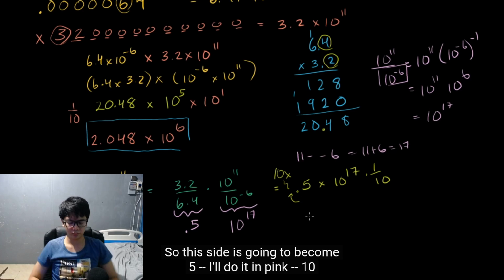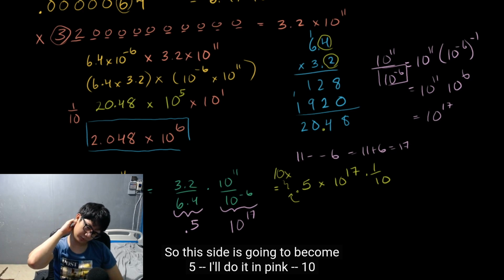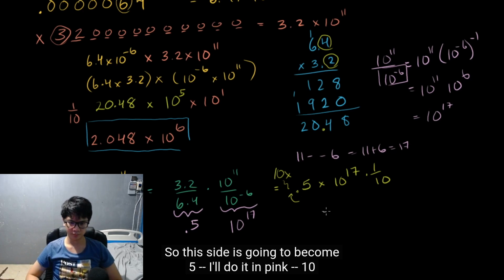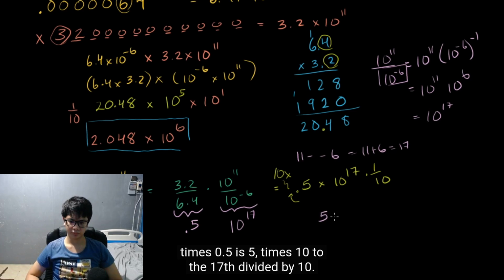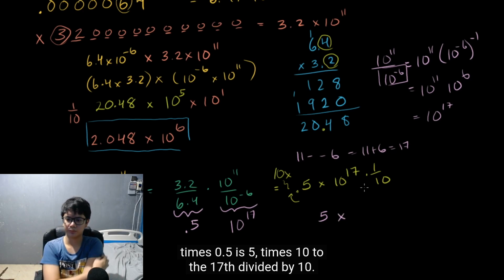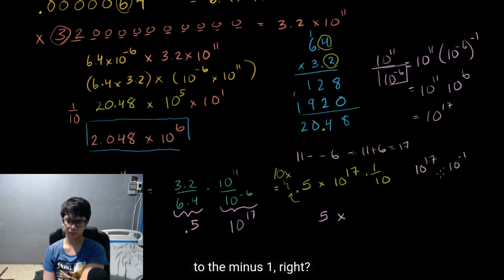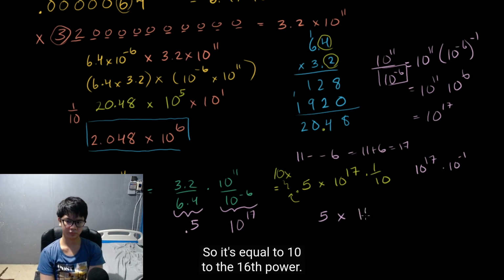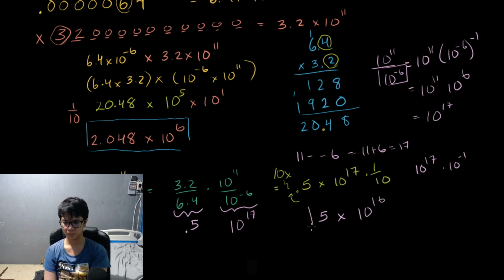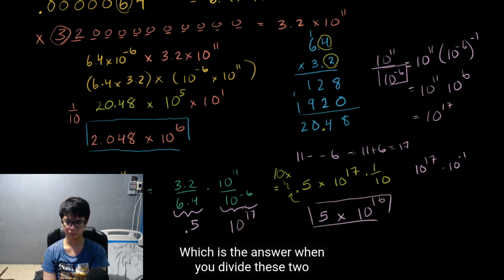So this side is going to become 5, right? 10 times 0.5 is 5, times 10 to the 17th divided by 10. That's the same thing as 10 to the 17th times 10 to the minus 1. So it's equal to 10 to the 16th power, which is the answer when you divide these two guys right there.